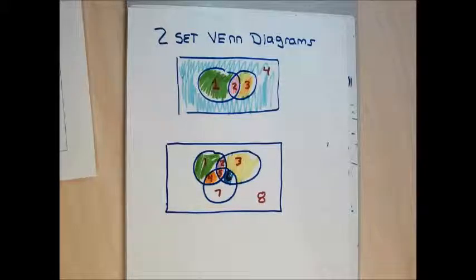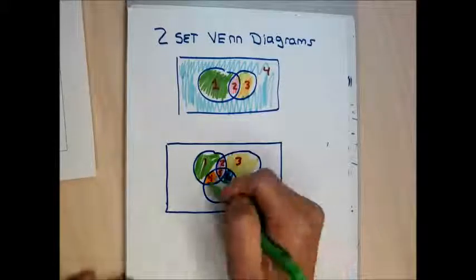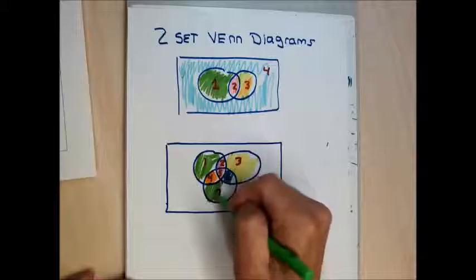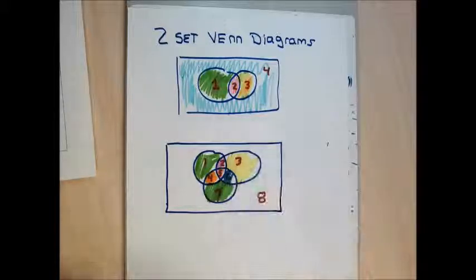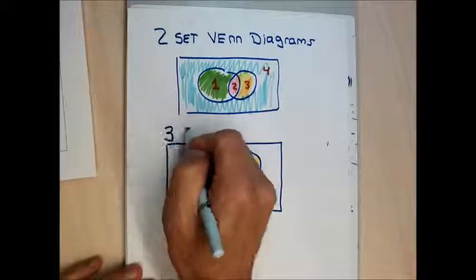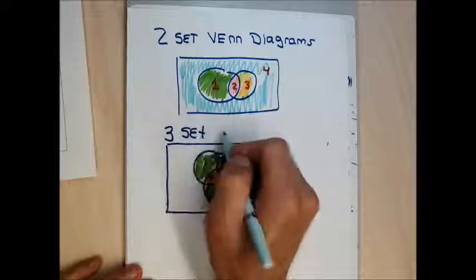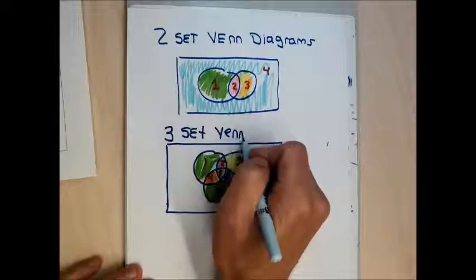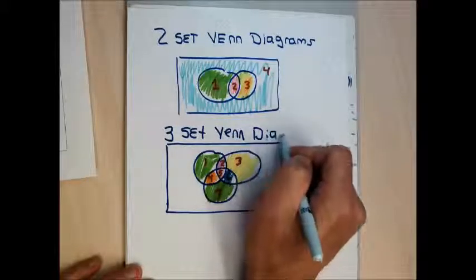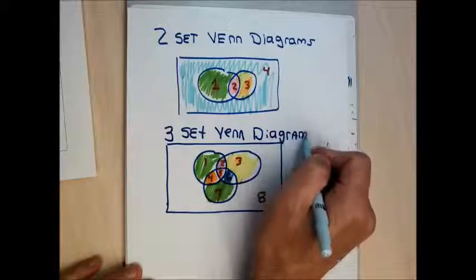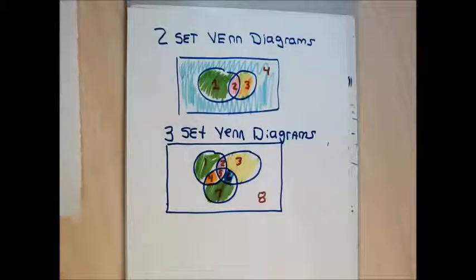So just to save myself some time, I'm not going to shade region 8. Region 8 is anything outside the circles. So 2-set Venn diagrams, we're going to have 4 regions to talk about, and 3-set Venn diagrams, we'll have 8 regions to worry about.